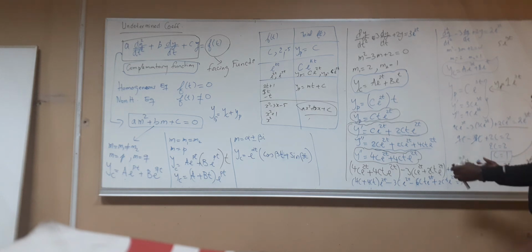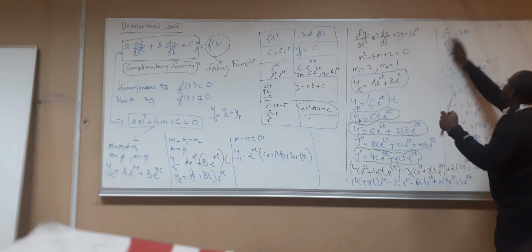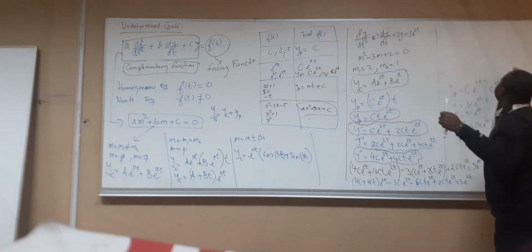Let's say that you decide to divide everything by e to the power 2t, which will result in removing all the e to the power 2t. Alright? So you're going to end up having what? I will erase this part. Sorry about that.